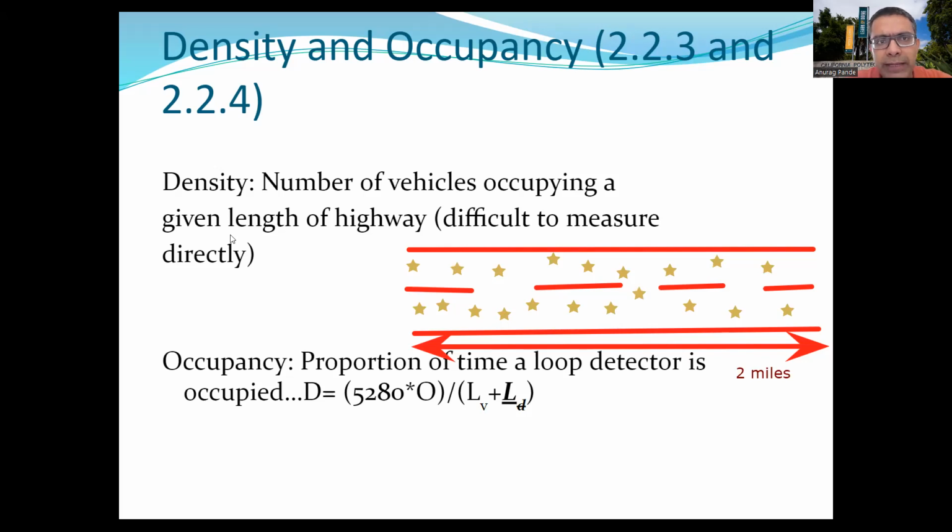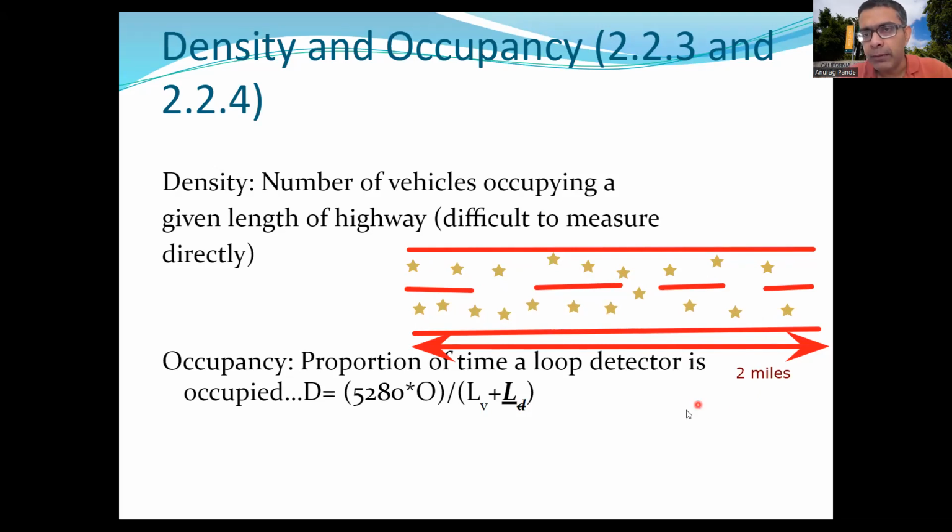So to get the density, what I need to do is look at that 2 mile segment of the road and count how many cars I have. So I have 1, 2, 3, 4, 5, 6, 7, 8, 9, 10, 11, 12, 13, 14, 15, 16, 17, 18, 19, 20 vehicles over a 2 mile segment of the road.